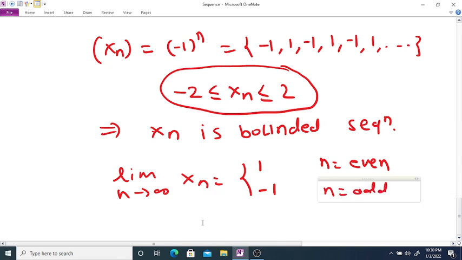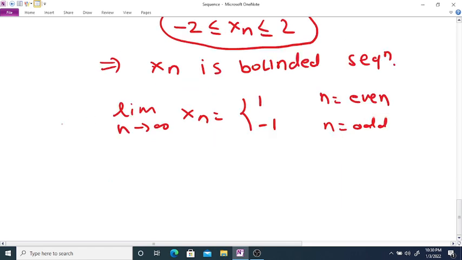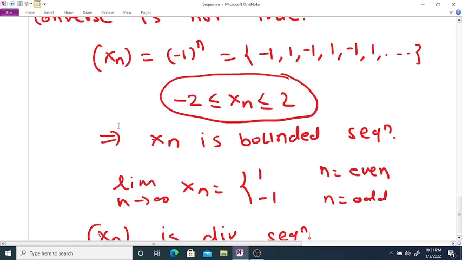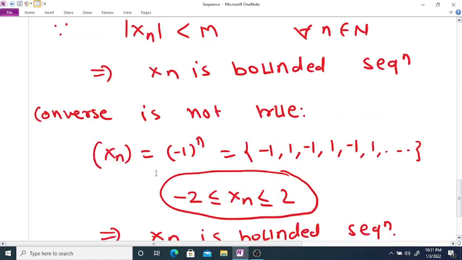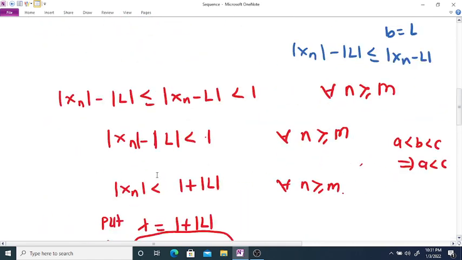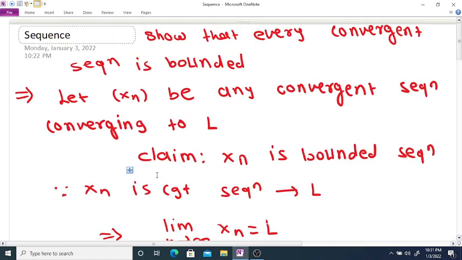So the limit of this sequence is not unique, and therefore xn is a divergent sequence. From this we can conclude that xn is bounded but not convergent, so the converse of this theorem is not true.